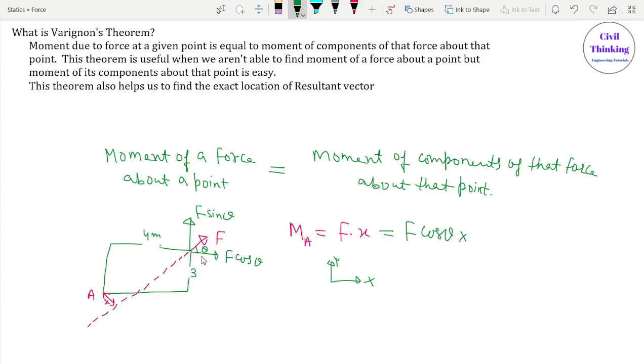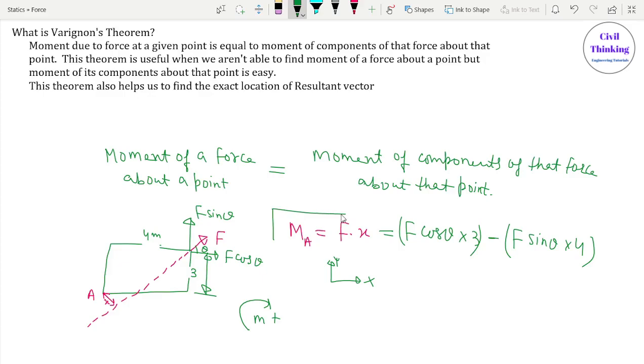You can see the normal distance between F cos theta and A is this much, and it is 3 meters, so it is F cos theta multiplied by 3. I am assuming clockwise moments to be positive and anti-clockwise moments to be negative. Now F sin theta is this, and F sin theta is normally at a distance of 4 meters from A, right? But this F sin theta will exert an anti-clockwise moment, so I will write negative here, F sin theta multiplied by 4, right?